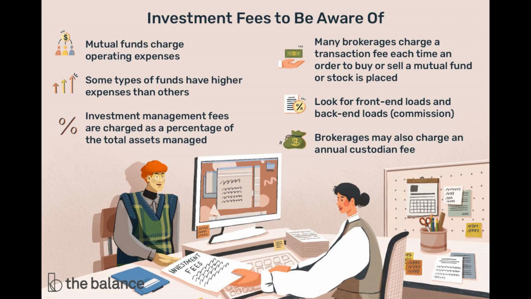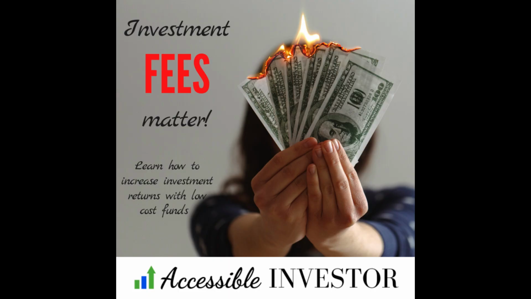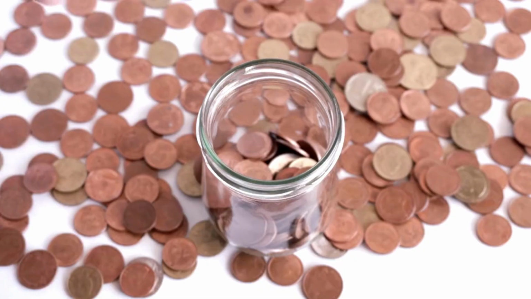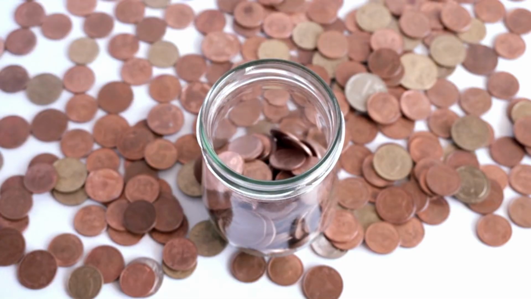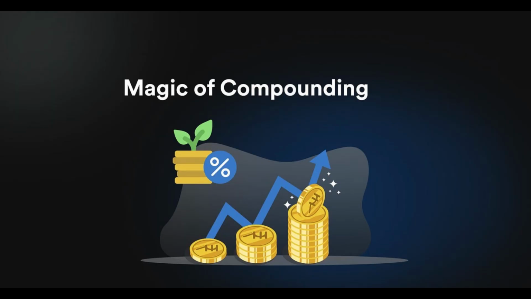Common investment fees and costs, some of them hidden, include front-end and back-end commissions, the bid-ask spread, expense ratios, custodian fees, and advisory fees. That's why it's essential to choose low-fee options like index funds whenever possible. Every penny saved on fees is a penny that can keep working for you through the magic of compound interest.